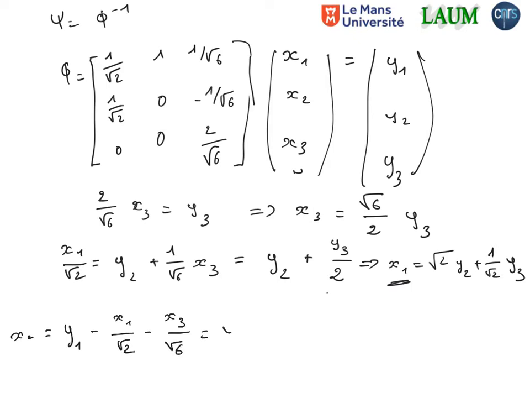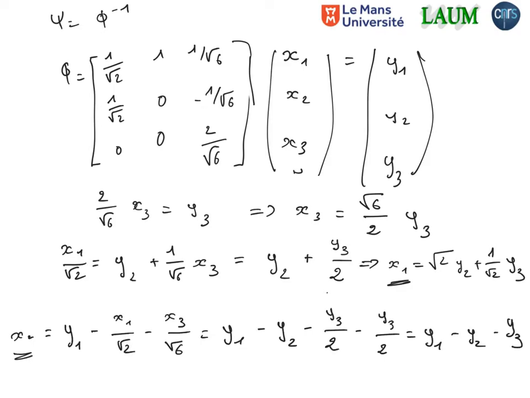So this is y1 minus x1 over square root of 2, so this is minus y2 minus y3 divided by 2, and minus x3 divided by square root of 6. So this is minus y3 divided by 2. And then this is y1 minus y2 minus y3. And then I have the expression of x2.